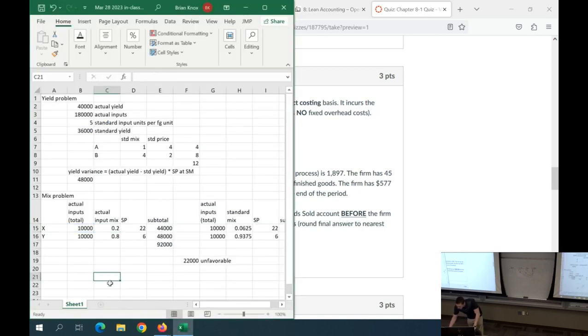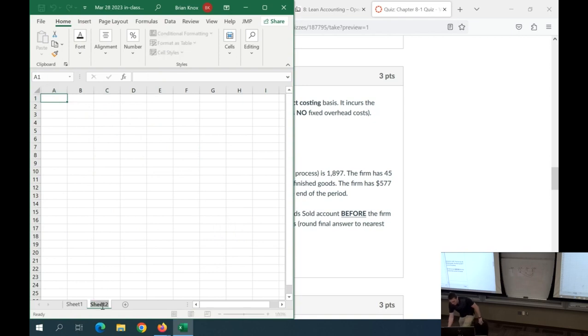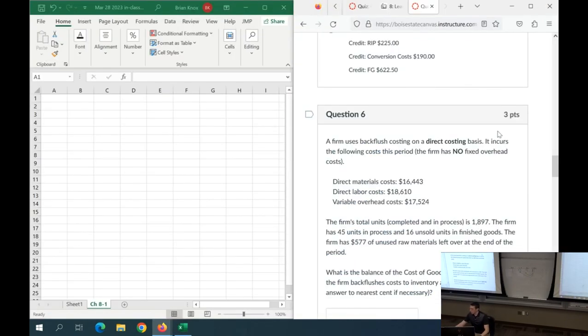All right, I'll create a new sheet. It's going to be chapter 8. Yes, some will. And then you need to know this step and then the next step of how to calculate the backflush entry. But some of them just depend on you knowing that, oh, hey, all costs are accumulated in cost of goods sold, and then these are all product costs, so that must be the answer.